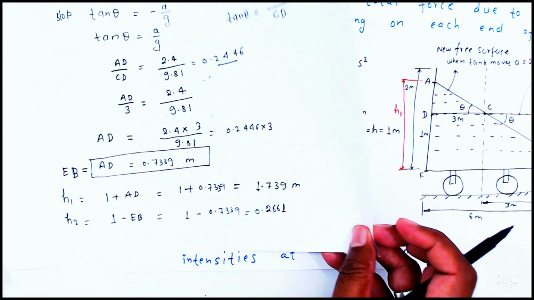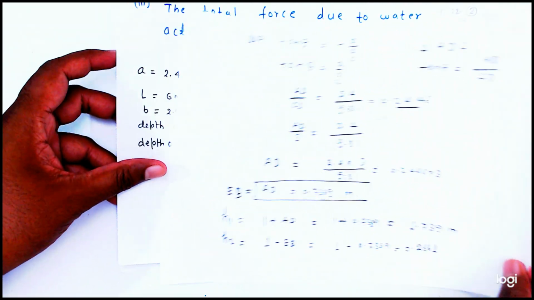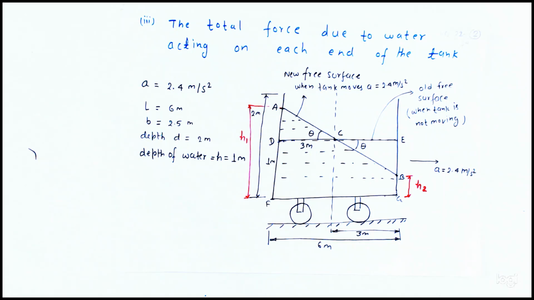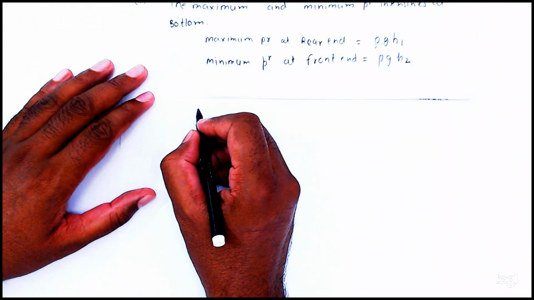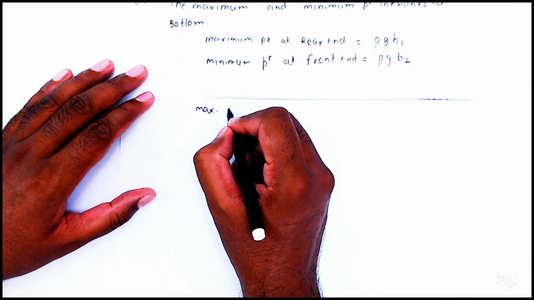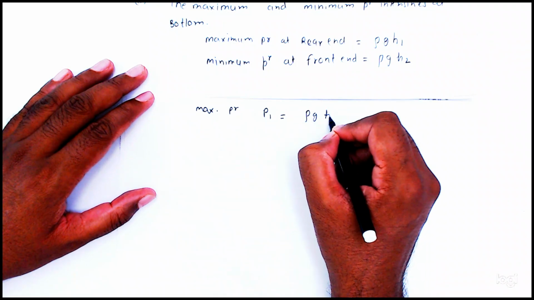Okay, friends. So from here we are able to calculate the pressure. What is the pressure here? So we can find the pressure. The maximum pressure P1 is equal to rho g H1.